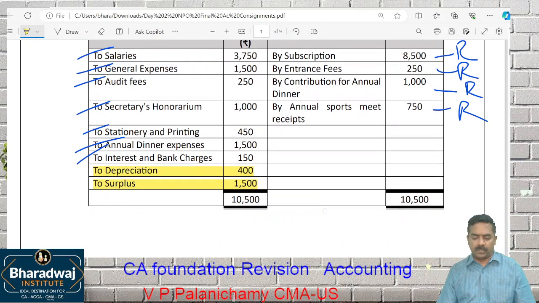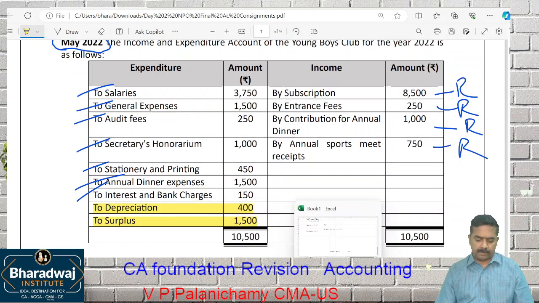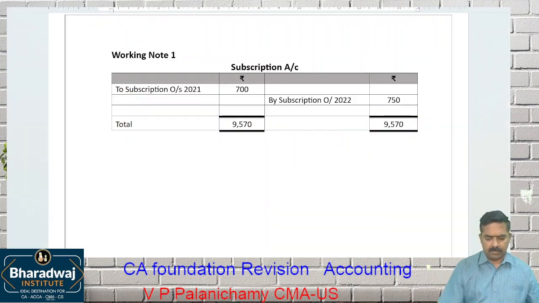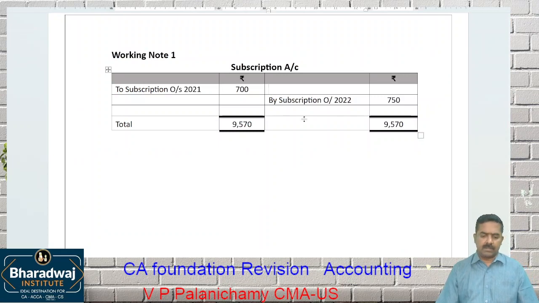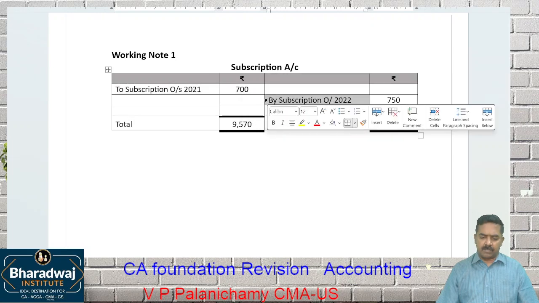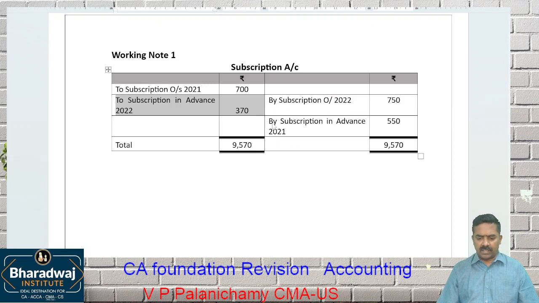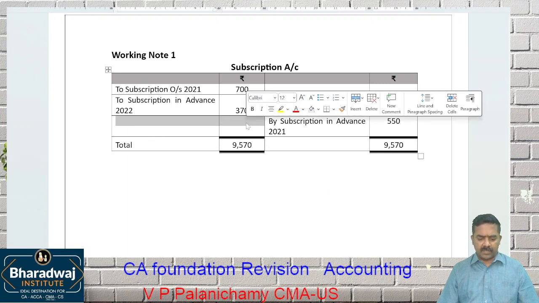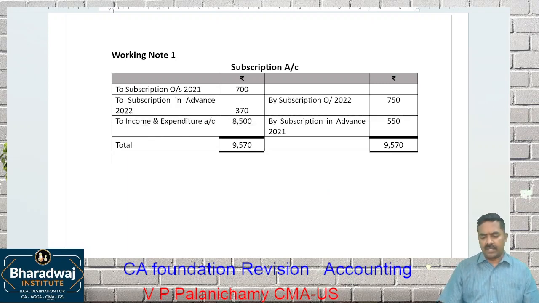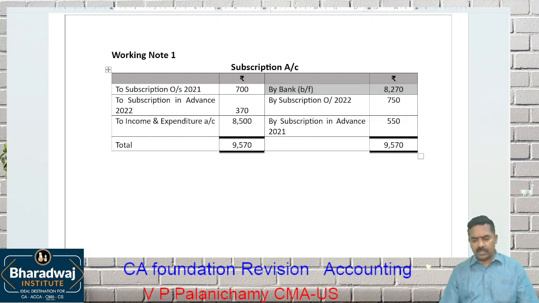Prepare the subscription account first. Any answer for subscription receipt? To balance brought down 700. By balance carried down 750. Then advance at the beginning of the year, advance at the end of the year. Then income is given to us. What is the income given to us? 8,500. If you tally this, you will get as a balancing figure what is collected.